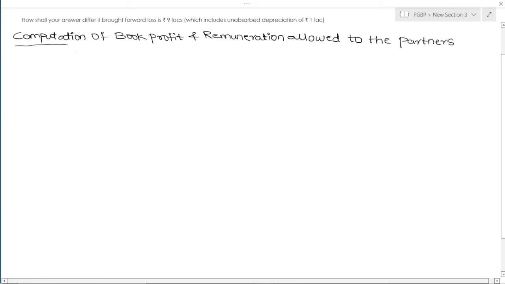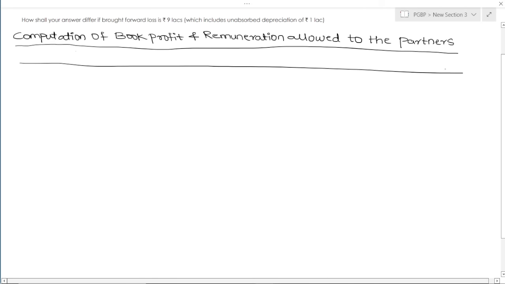Let's write down book profit before. In the particulars we have to draw, and the amount column we have to draw. Let's draw that first, then I'll ask you to write something. Particulars, amount column will write. Now you have drawn it, I feel.